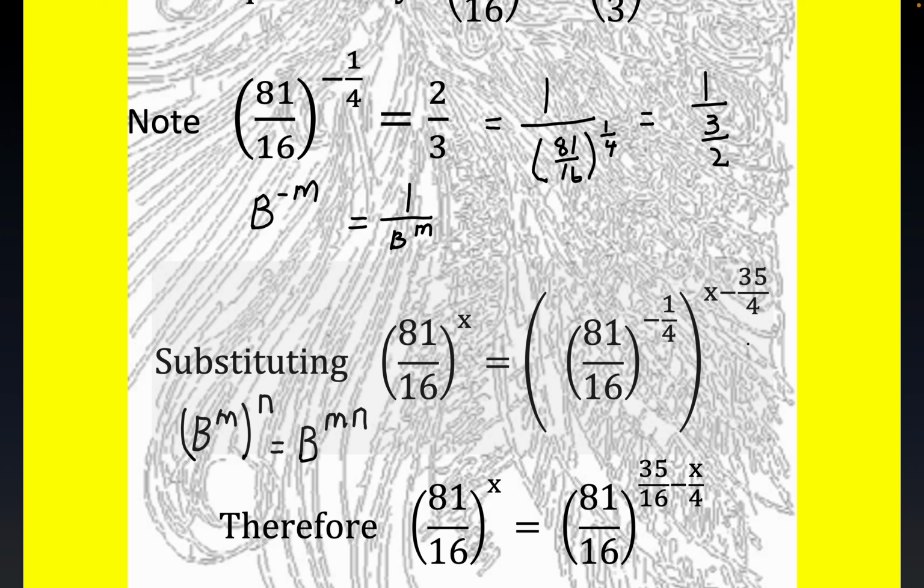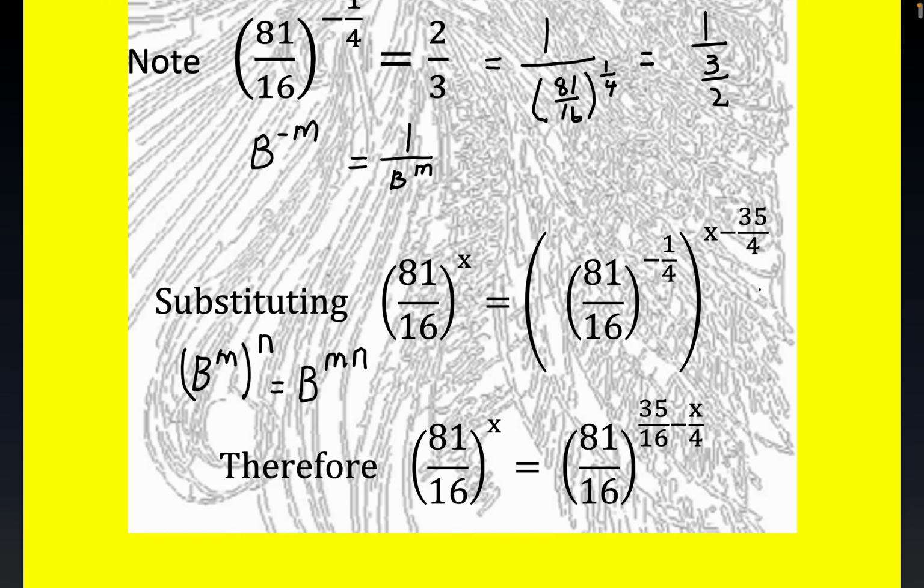And notice that's all that happened right here. I simply multiplied minus 1/4 against x minus 35 over 4 to get this. You see how things just reversed essentially? And you get the 35/16 when you multiply minus 1/4 times minus 35 over 4.